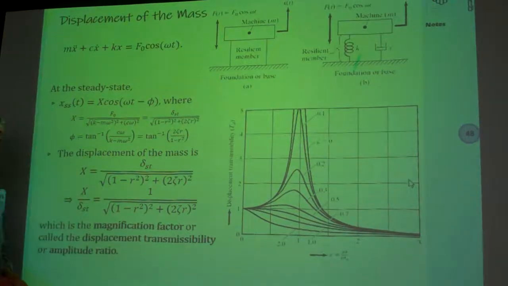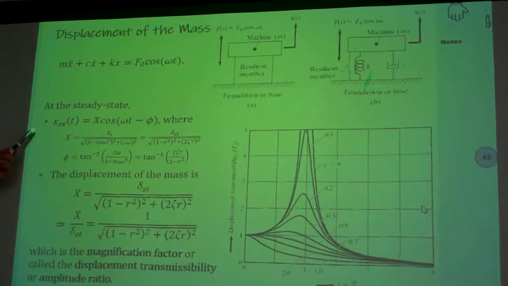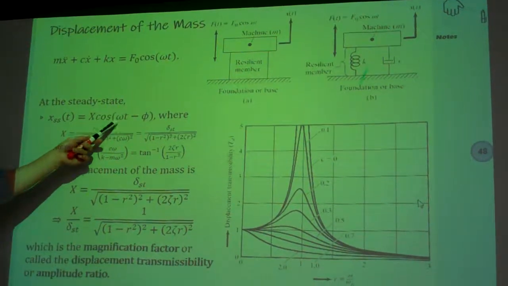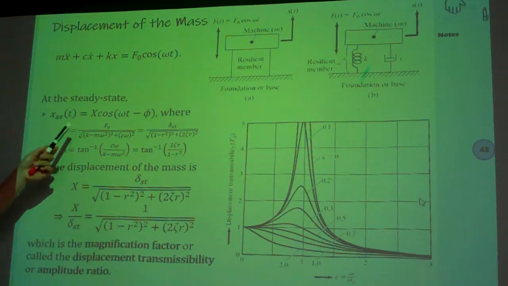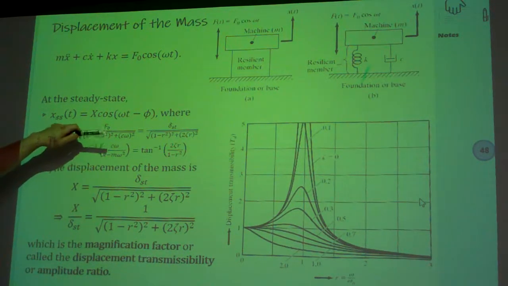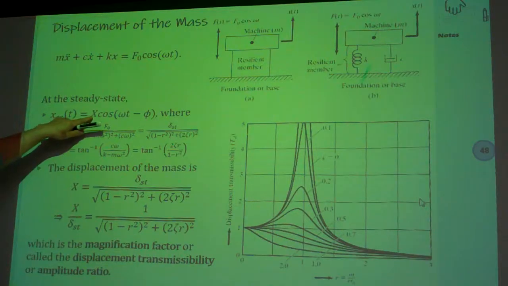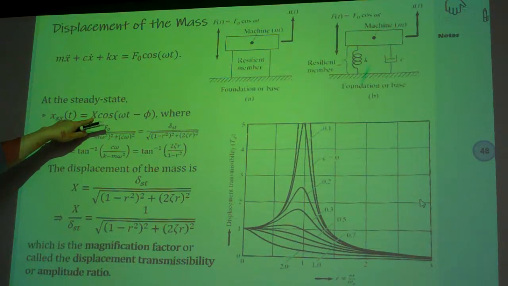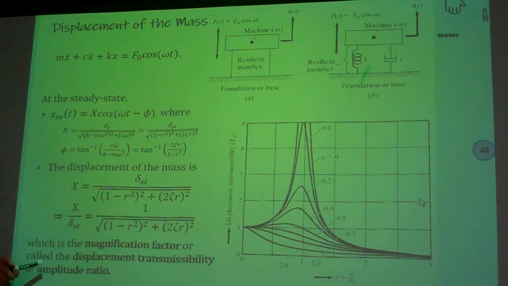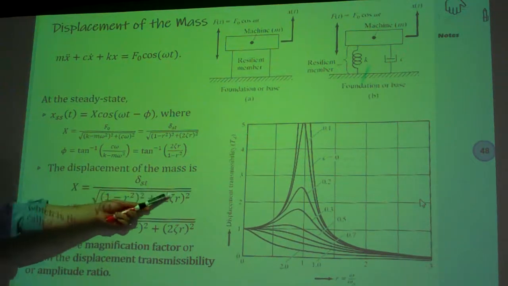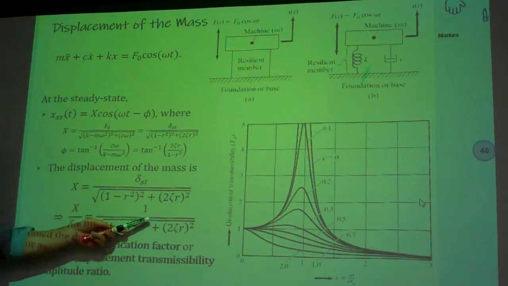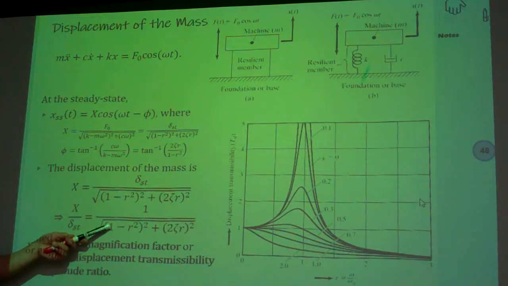So here we summarize again. This is the steady state response. In particular, for the second design aspect, we want to minimize X, and that is the design aspect. And what is X? X is this one. This is the curve we've seen before.